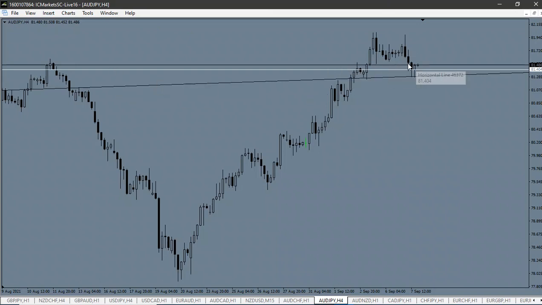That's beautiful. As you can see, it is a retest of the neckline, and price came back up again to retest this neckline of the inverted head and shoulders.